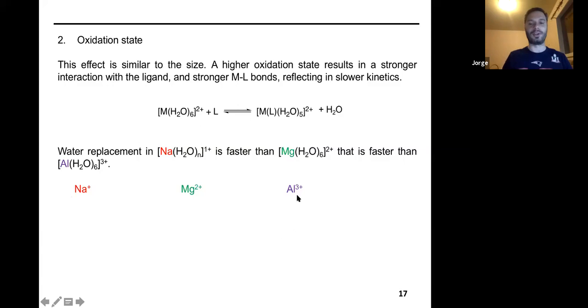And as you can see here, sodium plus, magnesium 2 plus, and aluminum 3 plus. So that's the effect of the oxidation state on the kinetics. High oxidation state, slow kinetics because of the strong metal-ligand interaction. Okay.